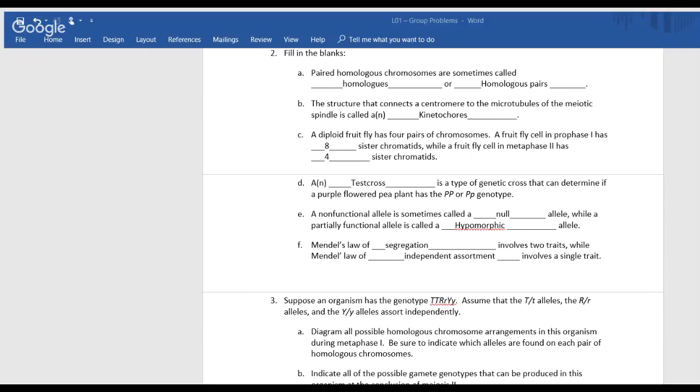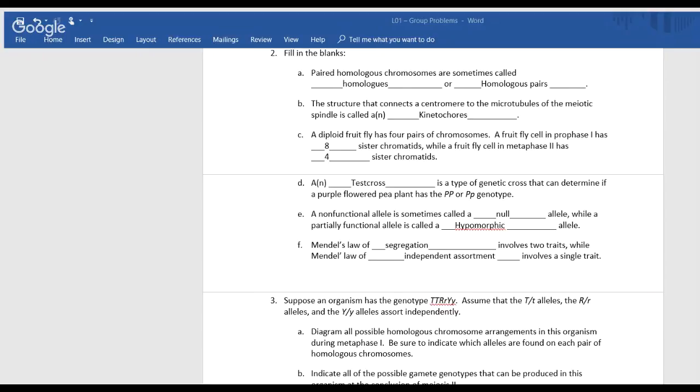Okay, now we'll go to number D. A blank test cross is a genetic cross that can determine if a purple flower pea plant has the PP or little p heterozygous genotype. So in the test cross, it's talking about the dominant trait or allele. So this is dominant, and this is also dominant, with the little p here.